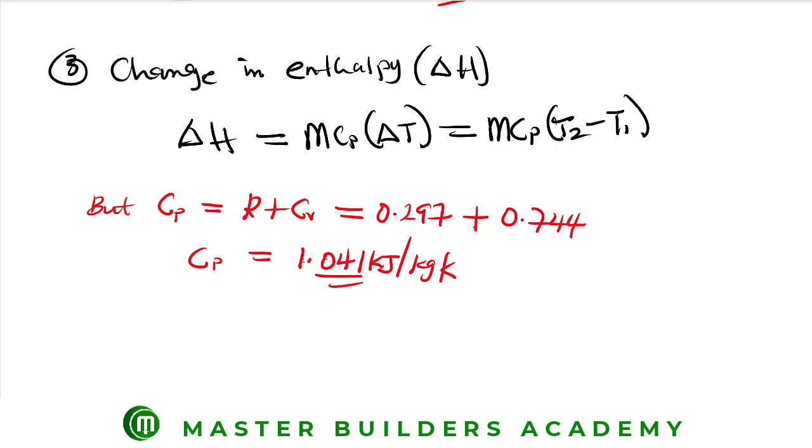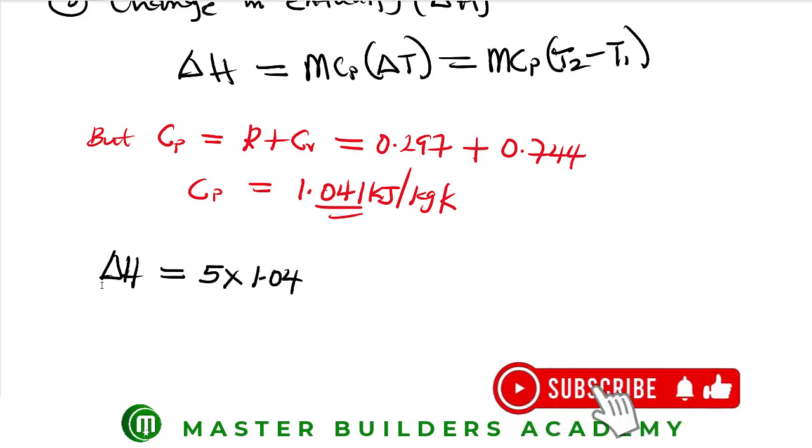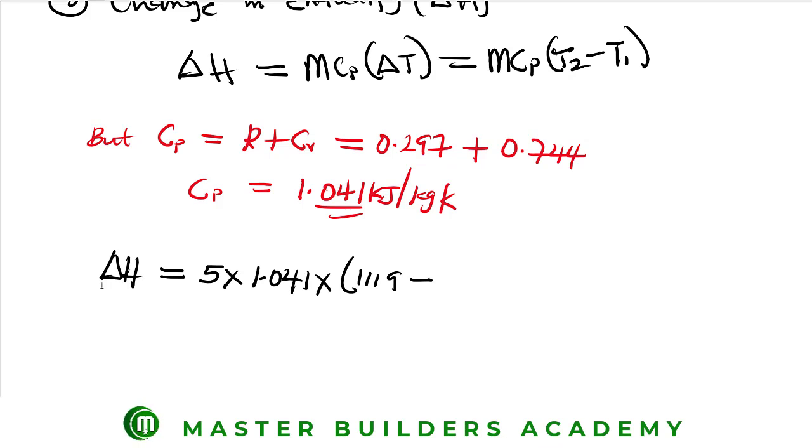Now that we have gotten CP, which is the specific heat at constant pressure, we just have to substitute into our formula. So delta H is equal to, remember, m is 5 multiplied by CP, which is 1.041, then multiply by change in temperature, T2 is 1119 minus 373.